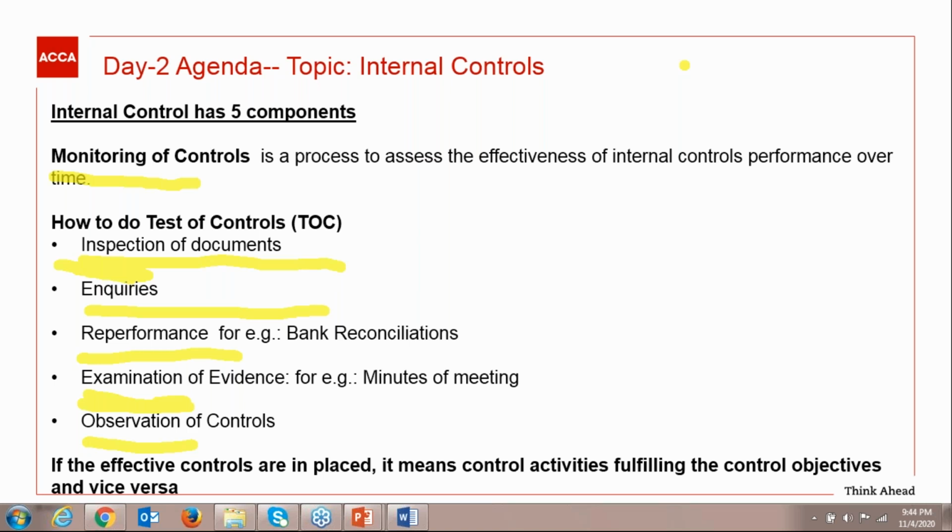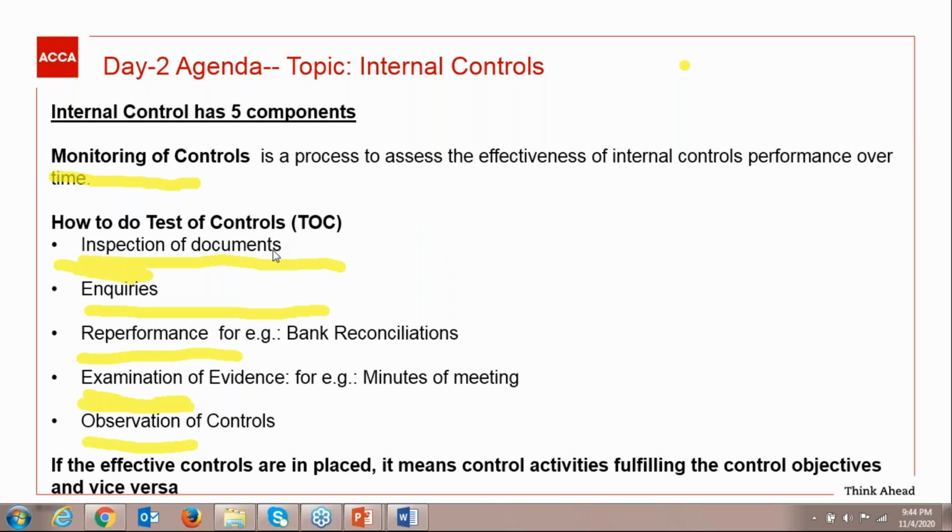Now, here comes the auditor role. Here we come to this slide. That's our role. Now we evaluate the internal controls which are set by the management. Inspection of documents.